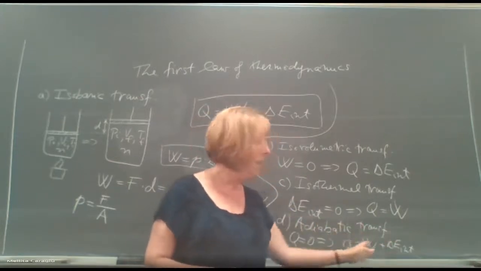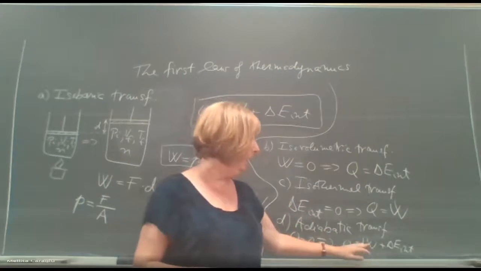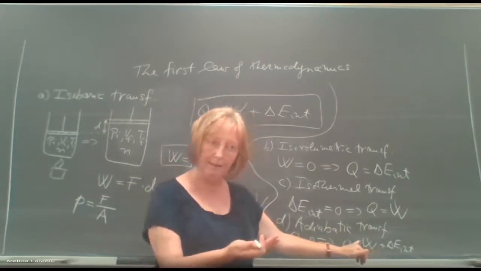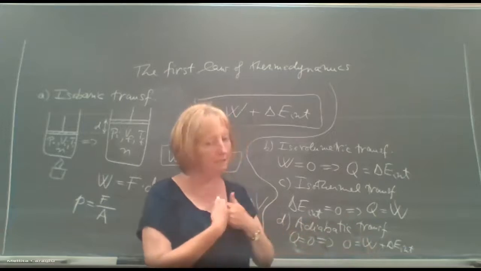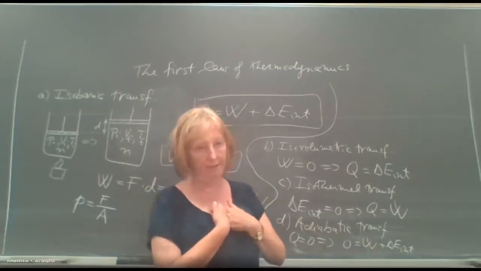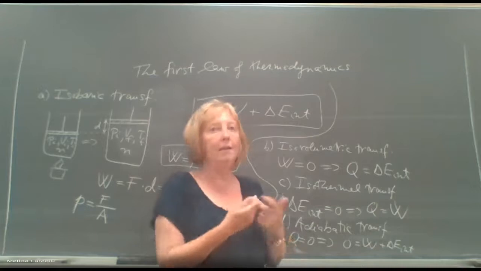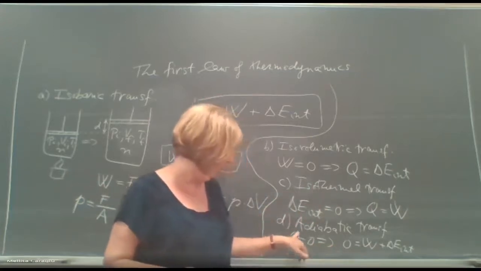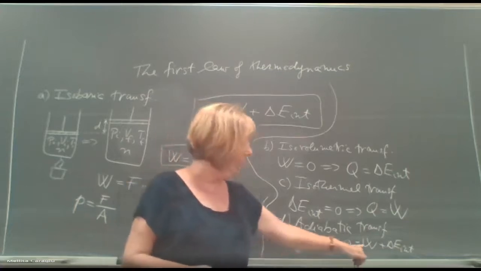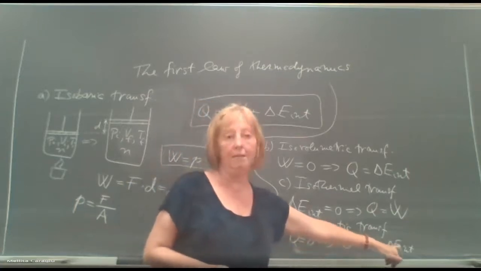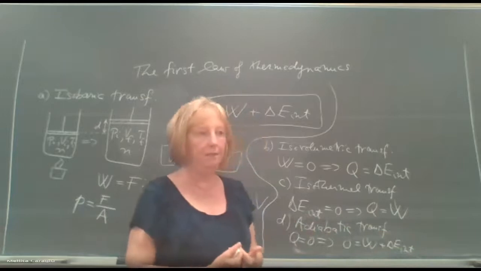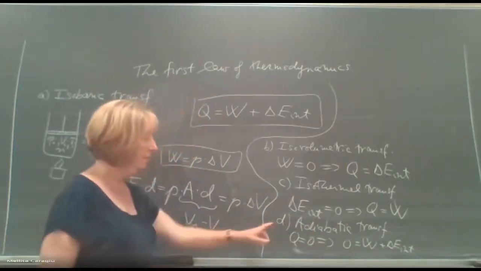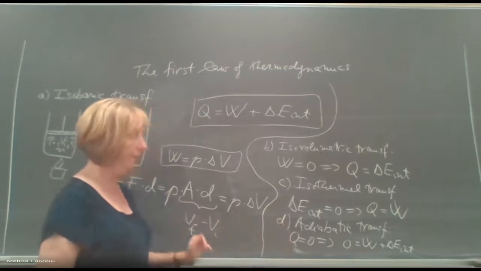And this is how we interpret it. In an adiabatic transformation, the work done by the gas is done at the expense of its internal energy. So the gas doesn't get any outside energy whatsoever because Q is 0. And if it does work, it does it at the expense of its internal energy, and then the temperature of the gas goes down. So that was the adiabatic transformation.